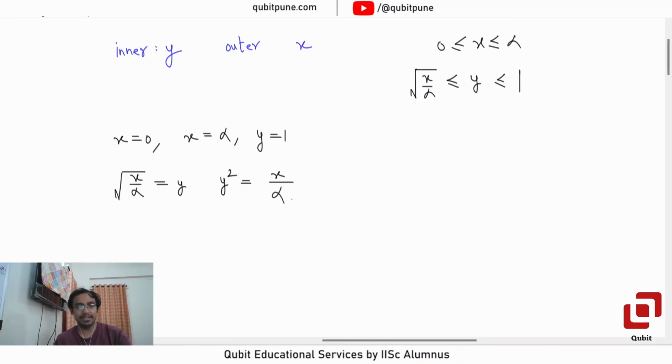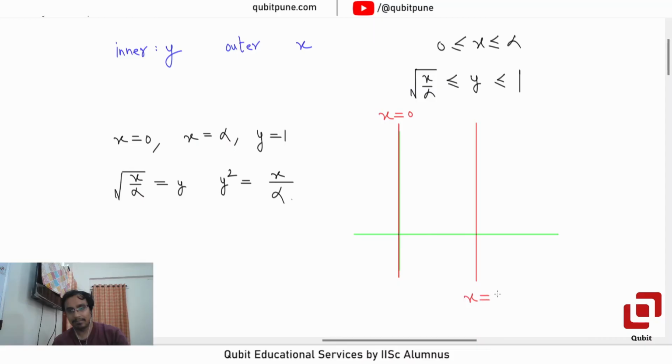Now let's plot the region of integration. Suppose these are our axes. X equal to 0 is this one. X equal to alpha is this one. Y equal to 1 is this one. And now we have to plot y squared equal to x by alpha.